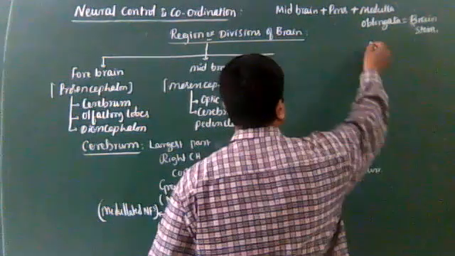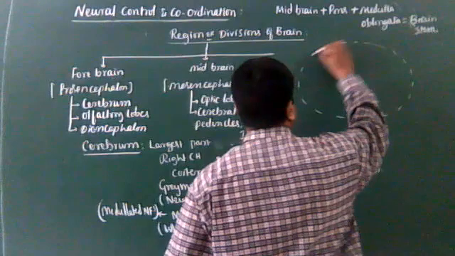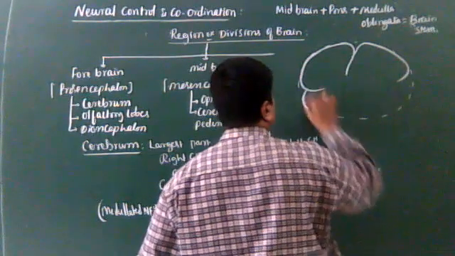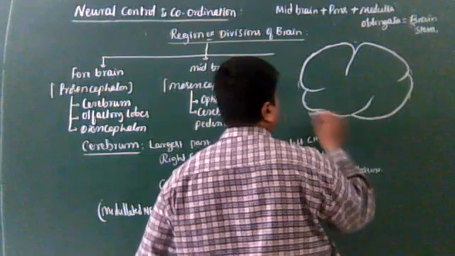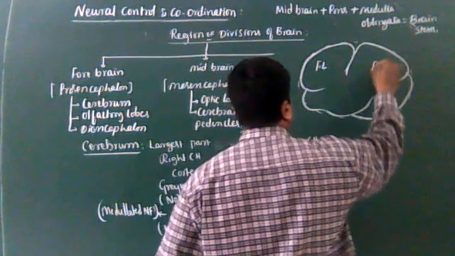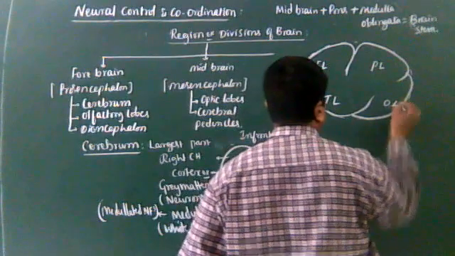Each cerebral hemisphere is divided into four lobes by fissures. As I said, the four lobes are named after the bones that cover them. They are the frontal lobe, parietal lobe, temporal lobe, and occipital lobe.